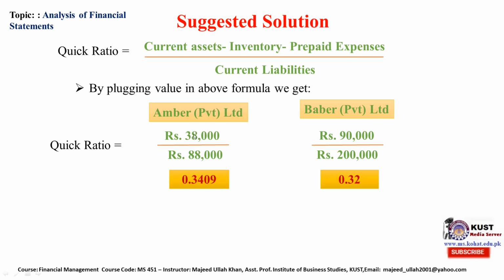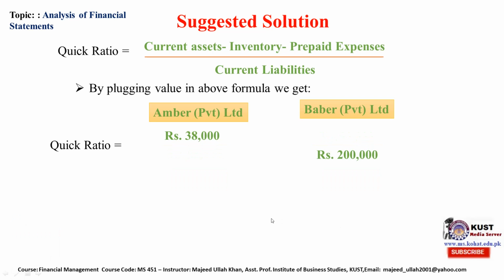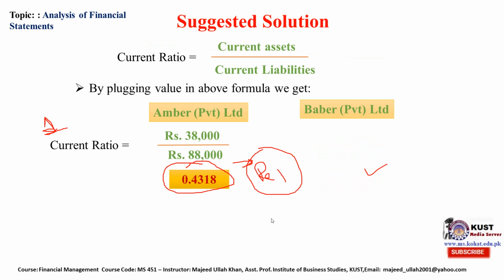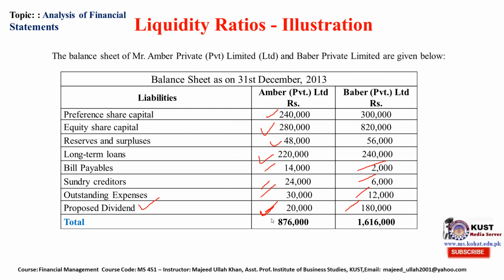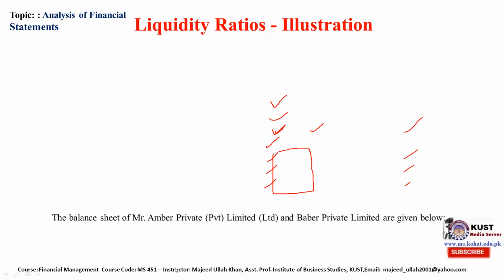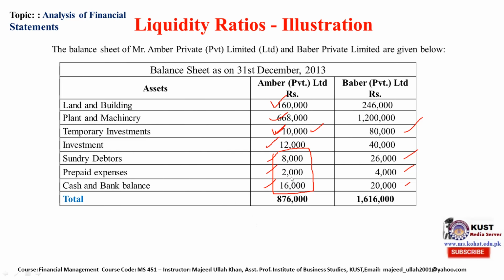So this is not 38,000. Let me show you. Prepaid expenses is 2,000, and prepaid expenses here is 4,000. There is no inventory.